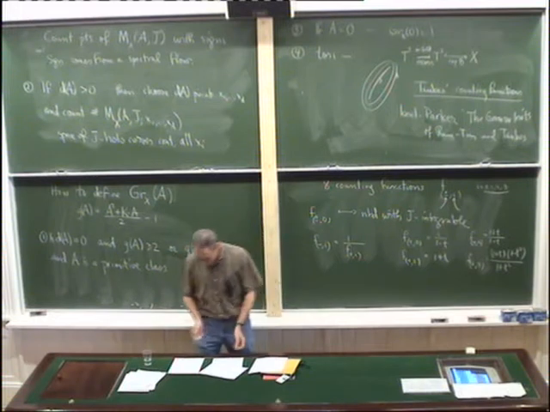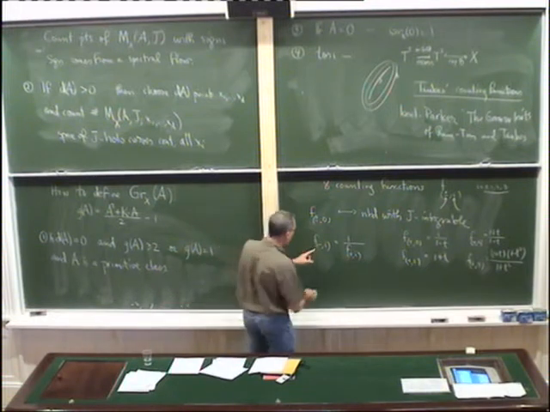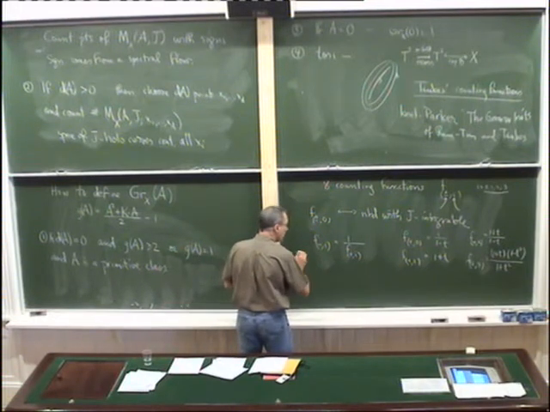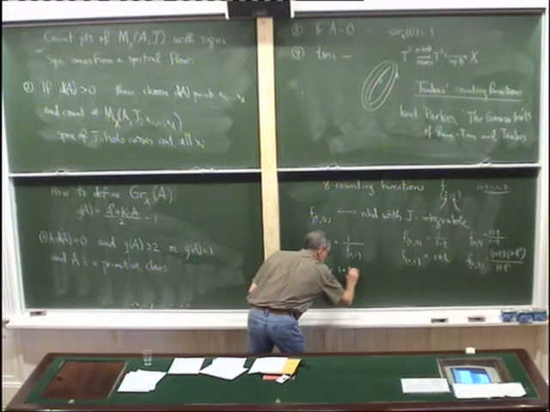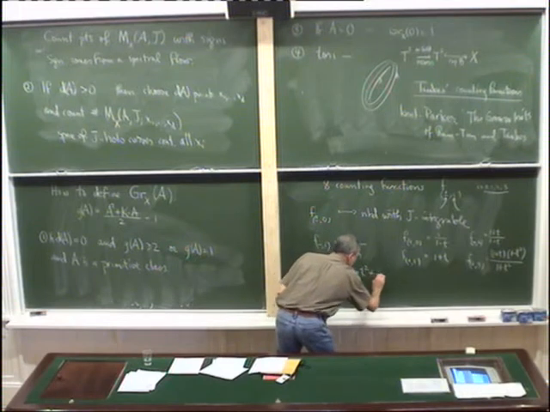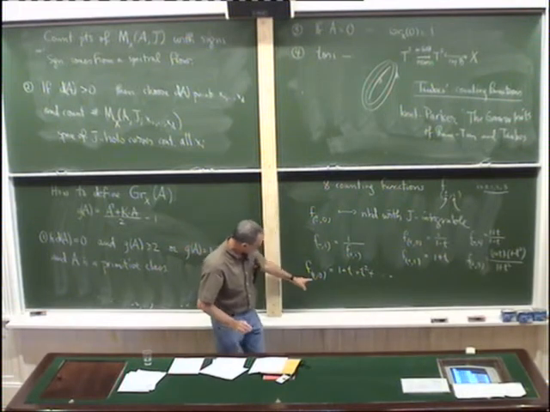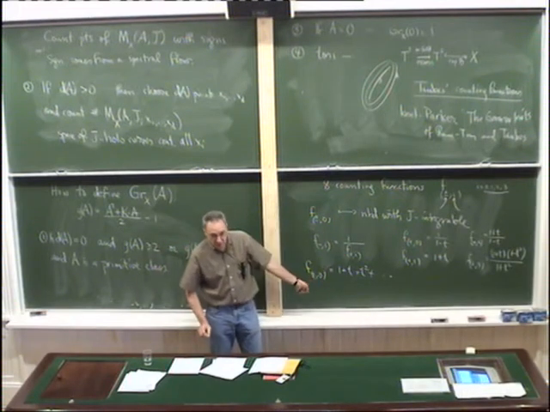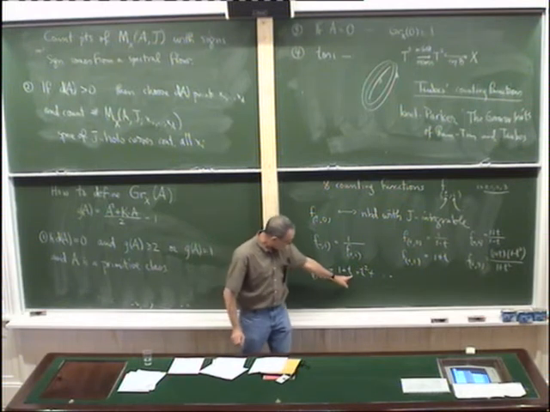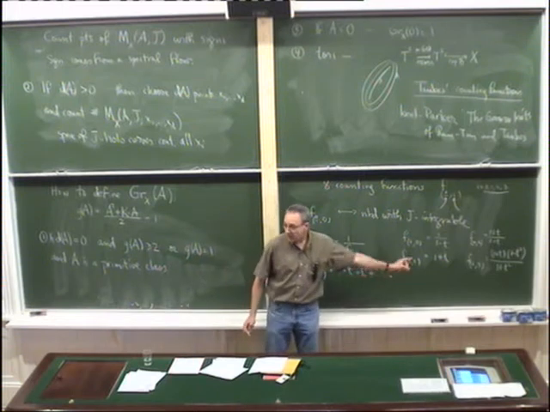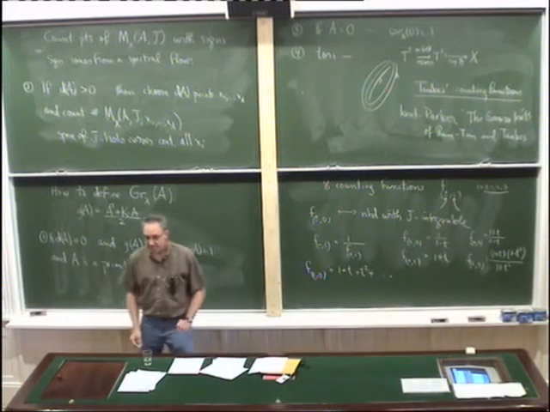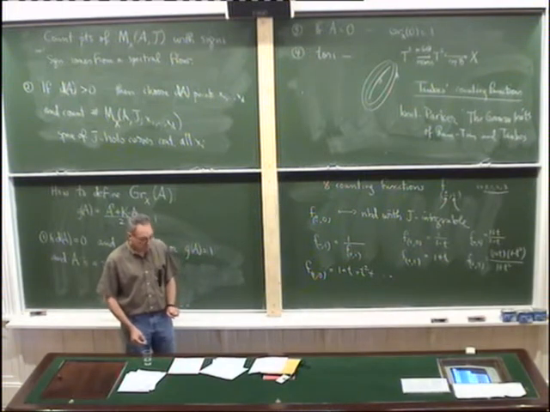For example, f plus 0 is 1 plus t plus t squared and so on. So if you have a torus with an integrable neighborhood, it contributes 1 to its own count, of course, and then contributes 1 to every count of every multiple.